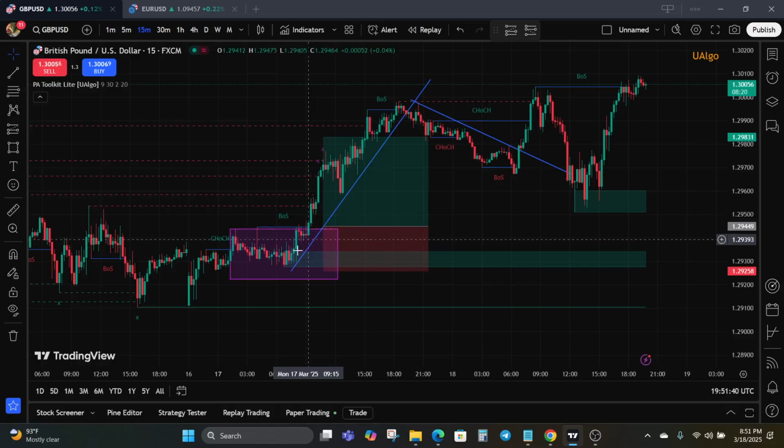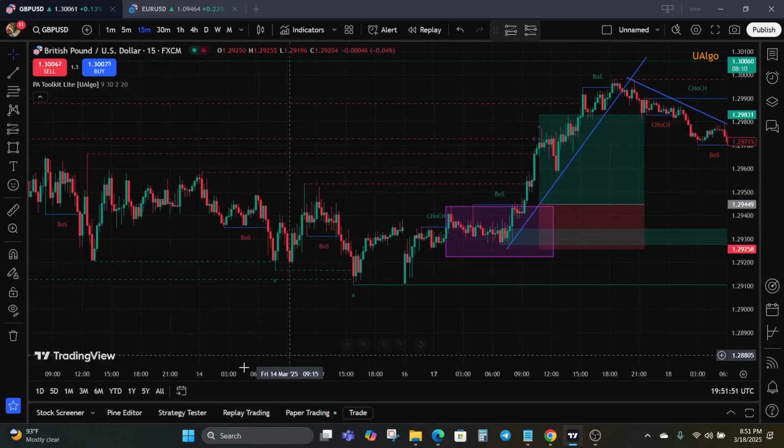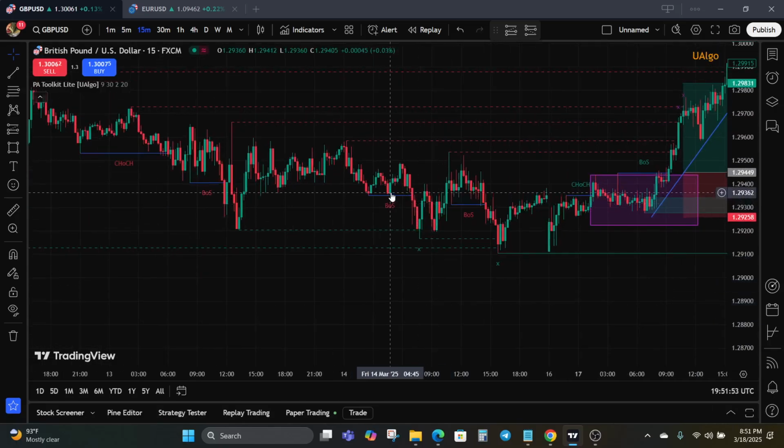In an uptrend, a break of structure above the last high signals that buyers are still in control. In a downtrend, a break of structure below the last low confirms bearish momentum.